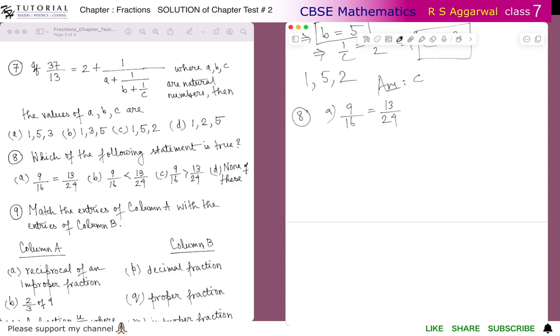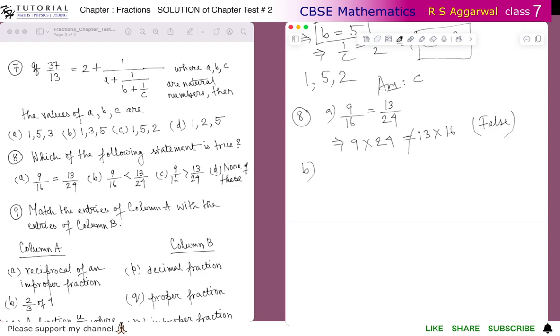If this is true, then doing cross multiplication, we should have 9 into 24 equals 13 into 16. Definitely this is not the case. 9 into 24 is not equal to 13 into 16. So this is false.